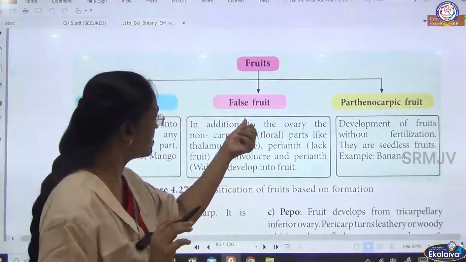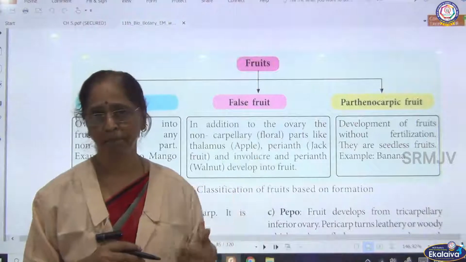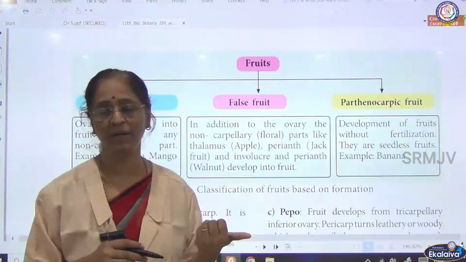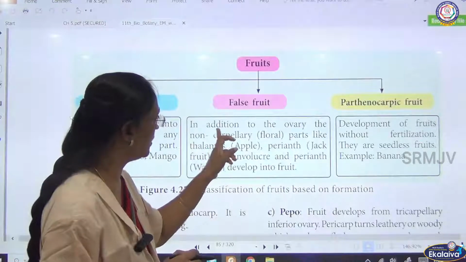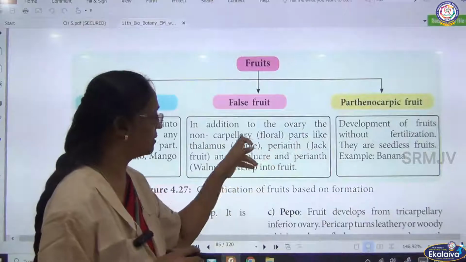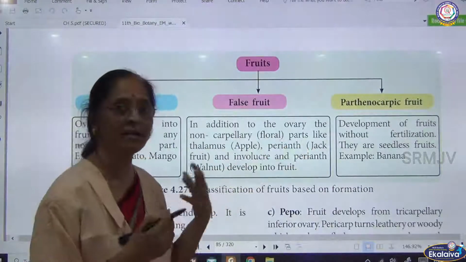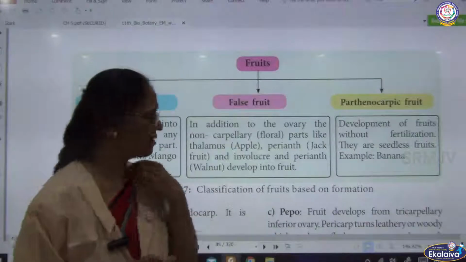And the false fruits, the word itself tells false. If the fruit has been developed by any part other than the carpel, then you call it a false fruit. So here, in addition to the ovary, the non-carpellary part, what is a non-carpellary part? Either it may be a thalamus or perianth; if it develops, then you call it a false fruit.